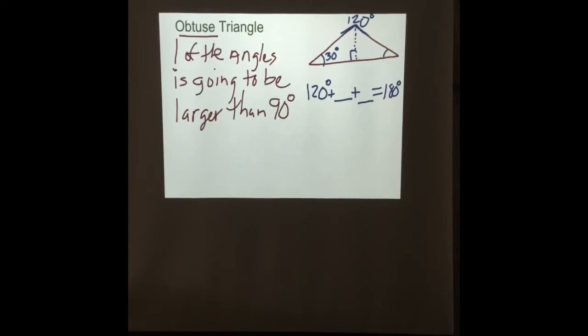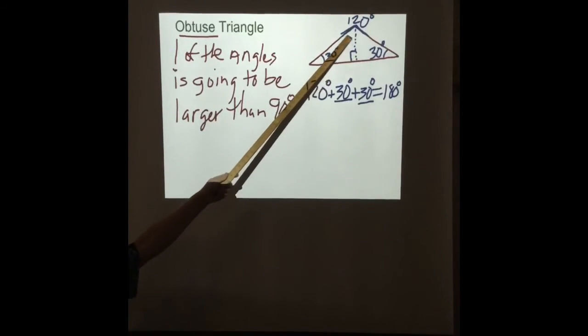What's the last? Well, the last one would have to be 30 degrees as well, right? 30 plus 30 is 60, plus 120 would be 180, right? One of the angles has to be bigger than 90 degrees. Let's try a couple of them and see if you can figure out what they are, okay?